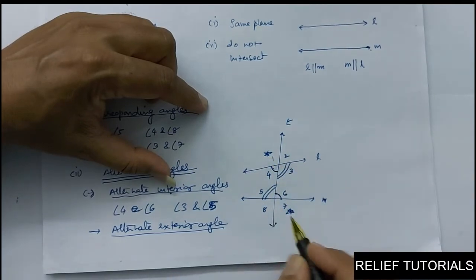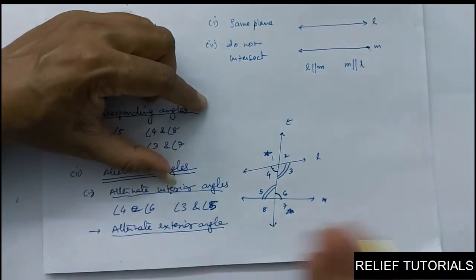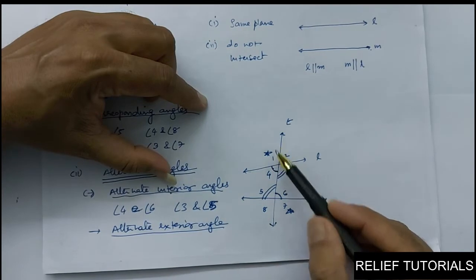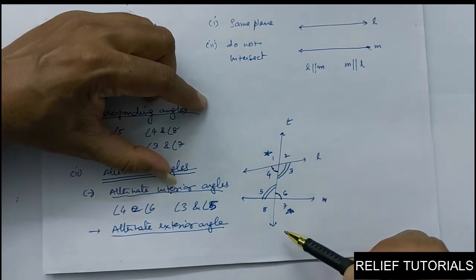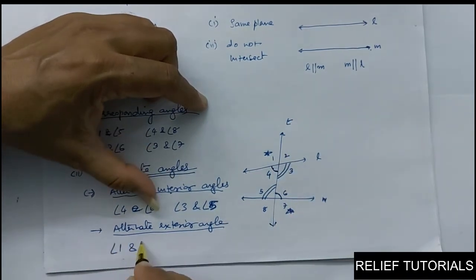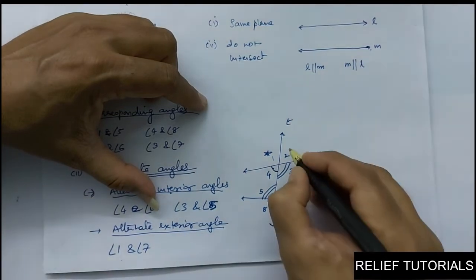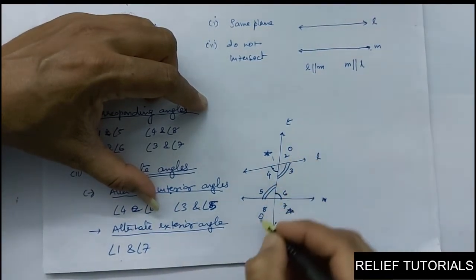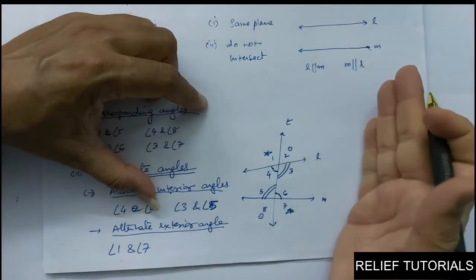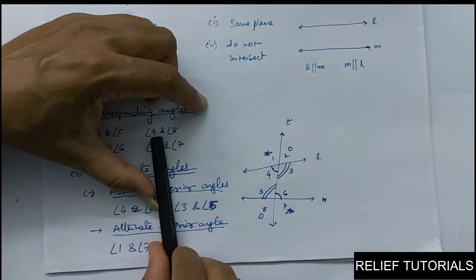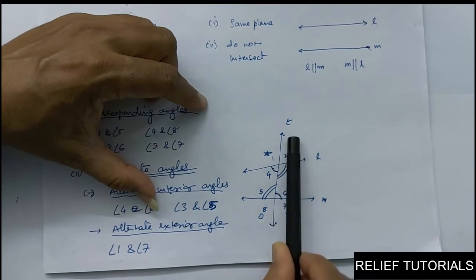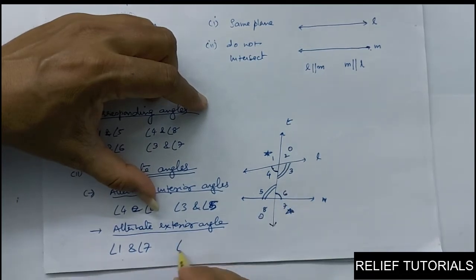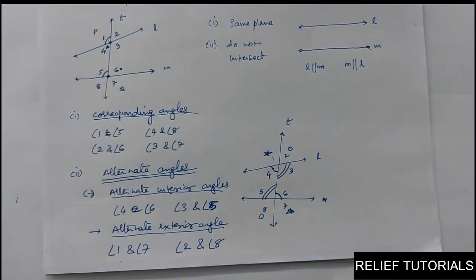See, they are alternate: one is on this side of the transversal, one is on the other side, but they are lying outside the lines, not within the lines. Similarly, angle 2 and angle 8. They are alternate, one on this side of the transversal and the other on the other side, one above the line and one below the line. So these are alternate angles.